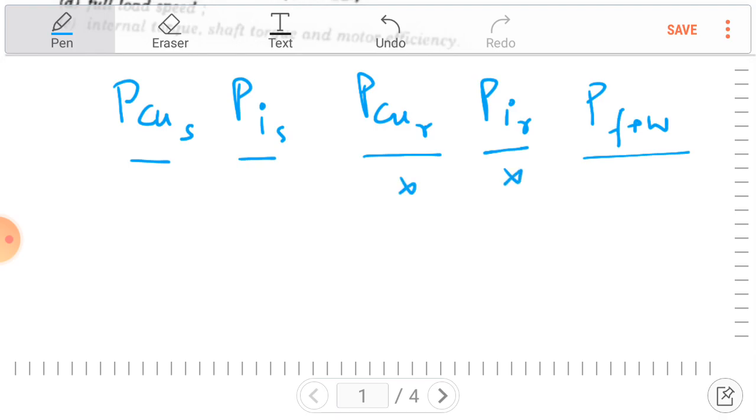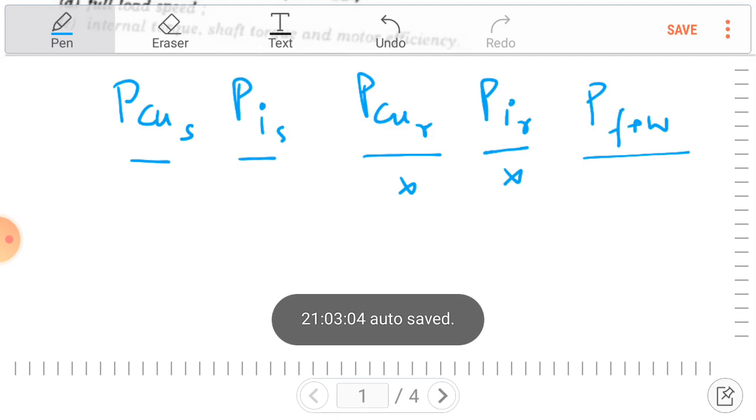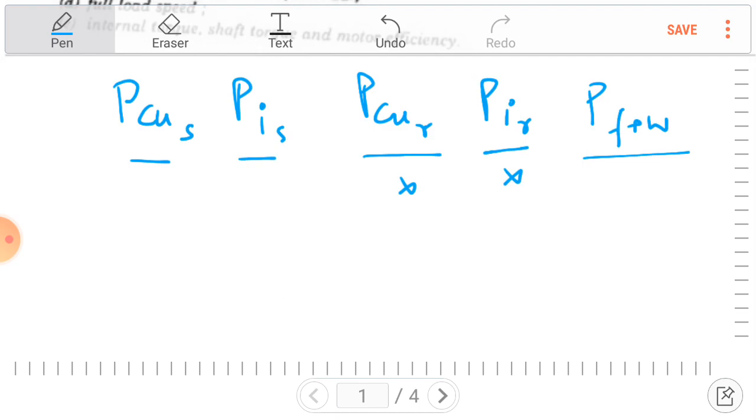It is given in the problem. And at no load condition, total input power is equal to the total losses. We know that. So total input power equals stator copper loss and iron loss plus friction plus windage loss.